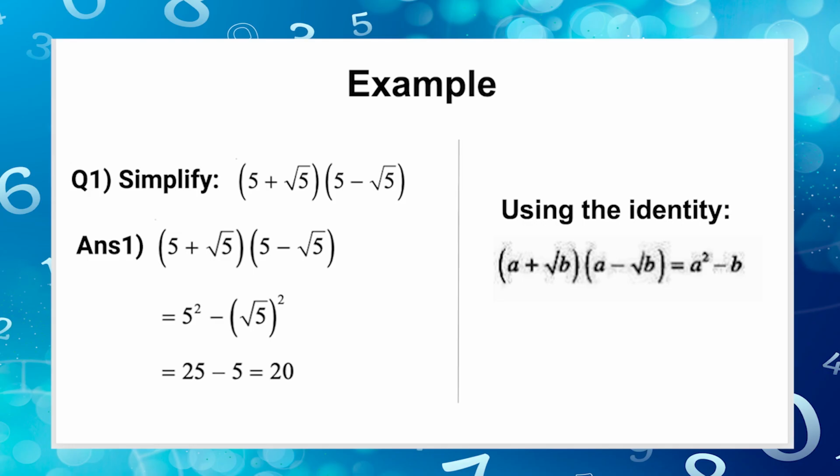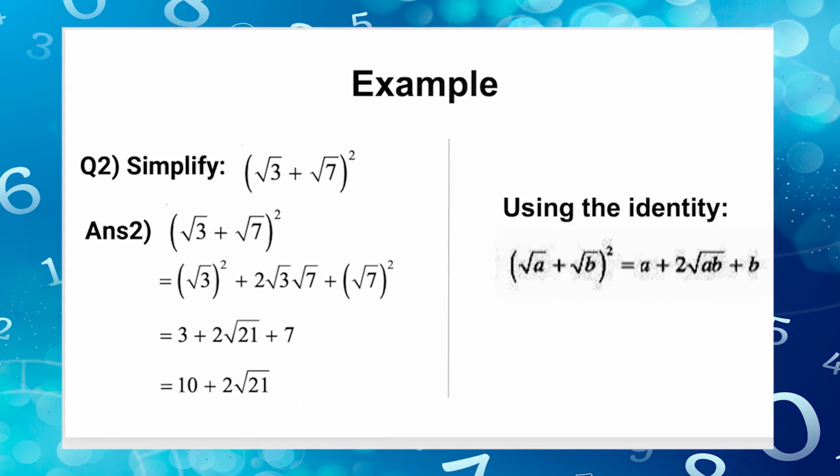Let us use these identities in simplifying some of the questions. Simplify 5 plus root 5 into 5 minus root 5. On using the identity A plus root B into A minus root B gives A square minus B, we get 20.